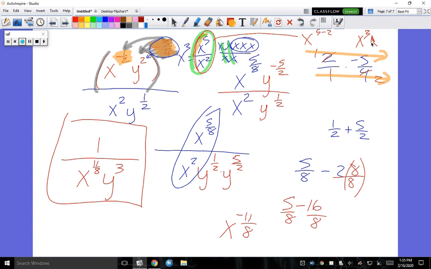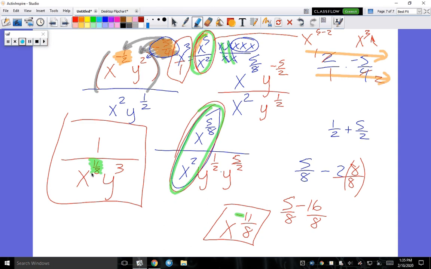This positive says it belongs in the numerator, which is what it had, like over 1. When I do this subtraction with these weird numbers, and I get a negative power, this tells me it belongs in the denominator because it was negative the way I set it up, right? And then I would make it a positive once I moved it to the denominator. Okay, does that make sense?